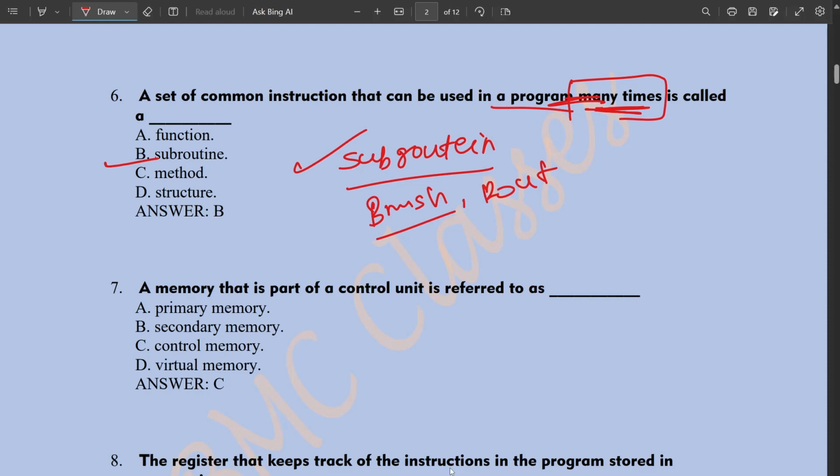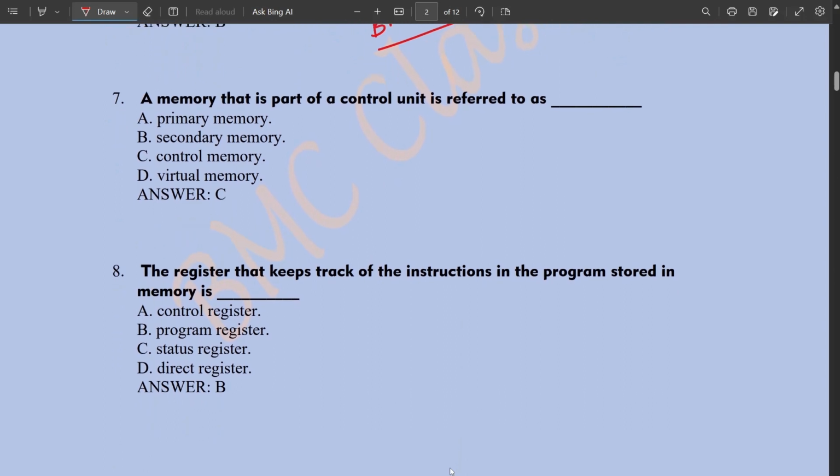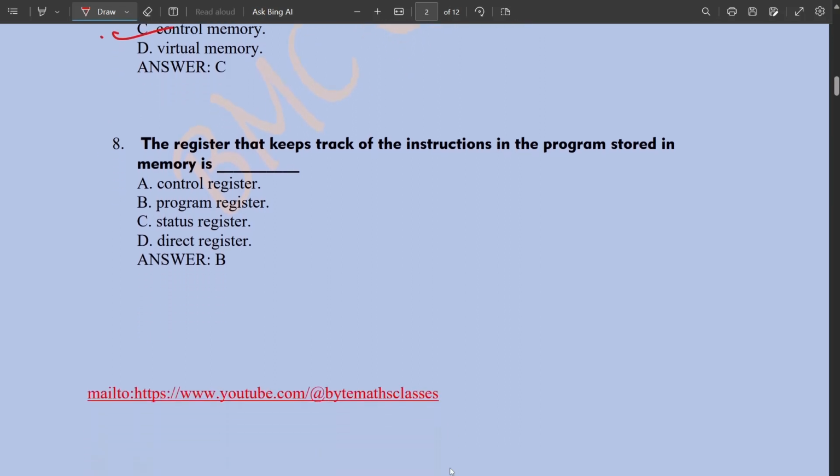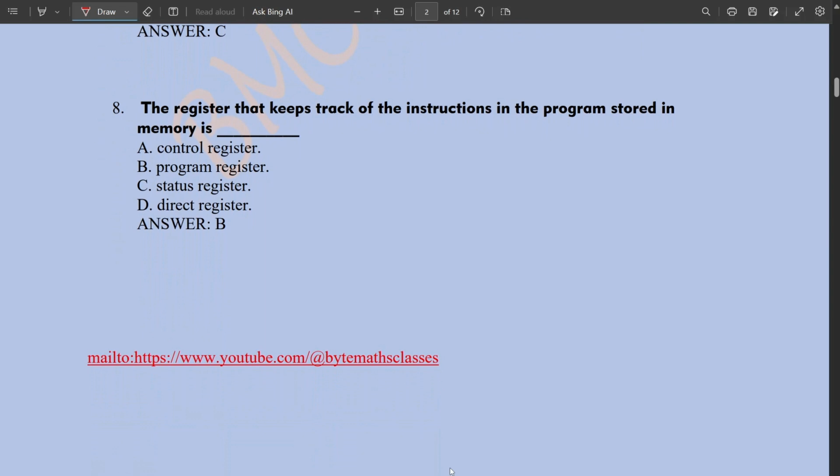Next, a memory that is part of a control unit is referred to as control memory.